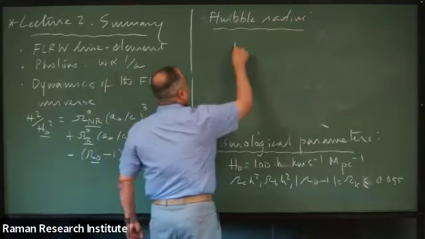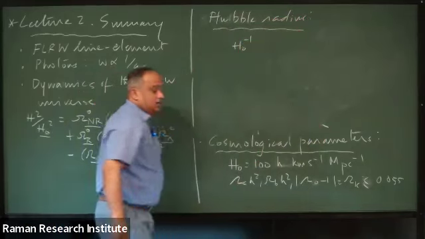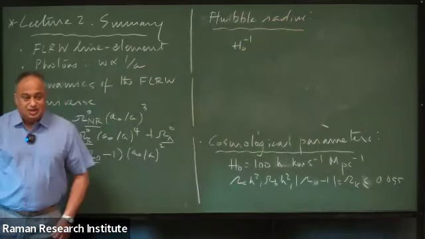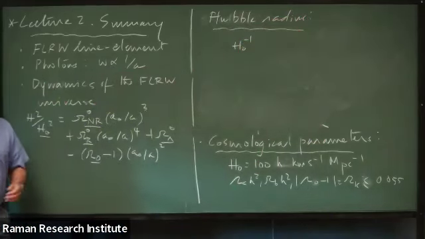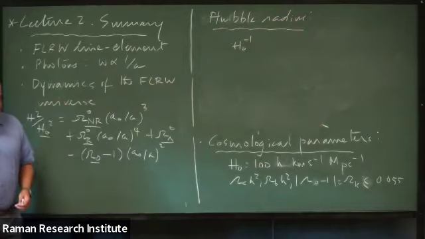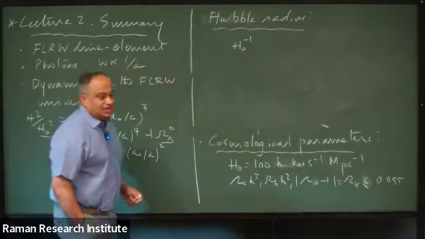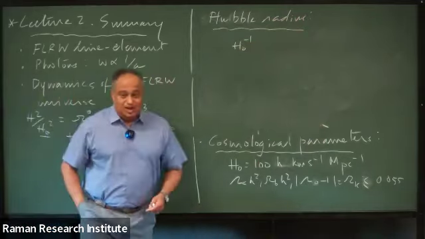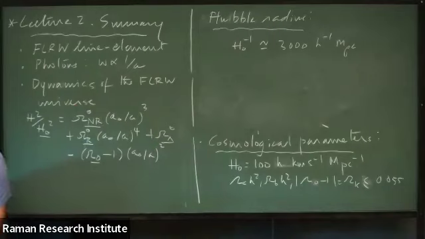H naught inverse. H naught, as we discussed, has units of inverse time, and therefore H naught inverse has units of time or equivalently length. I would urge you to calculate this number. If I recall correctly, it's about 3000 h inverse megaparsec. I hope I get this right. Let me get that number correctly. Just give me a minute.